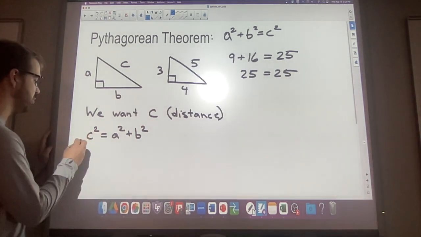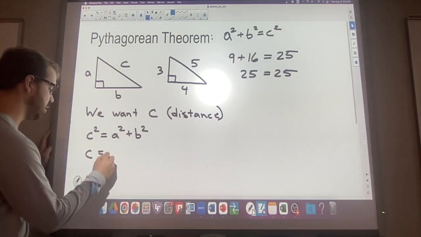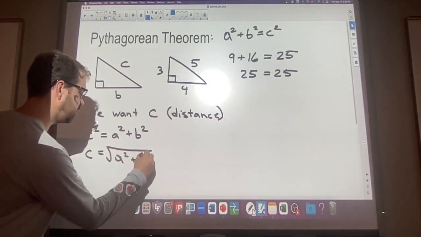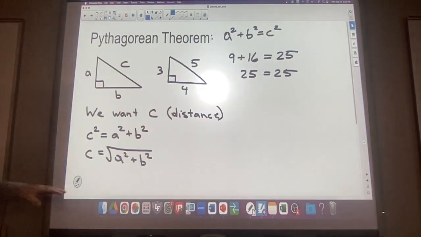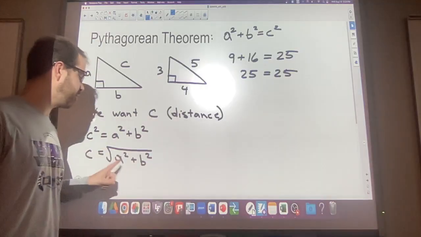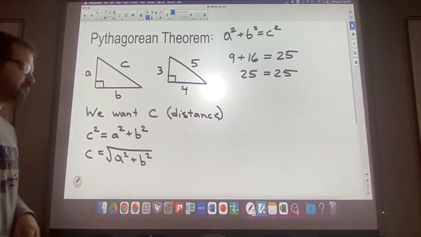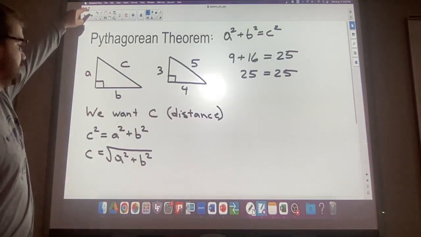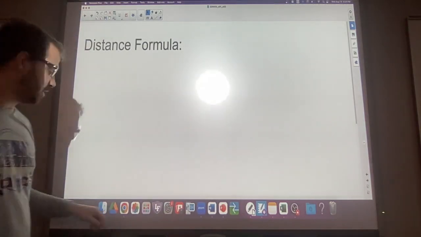So I can square root both sides, and I get C equals the square root of A squared plus B squared. So essentially, we're using the Pythagorean theorem, and we're going to take the square root of whatever we get here to find out what our distance is. Okay, this brings us to the final formula, which is our distance formula.